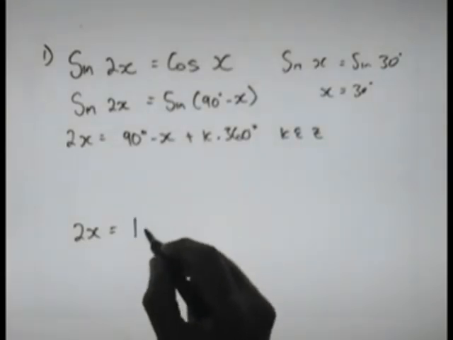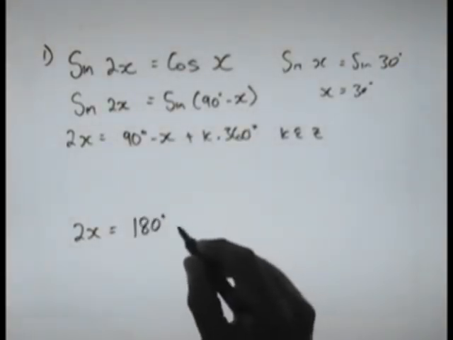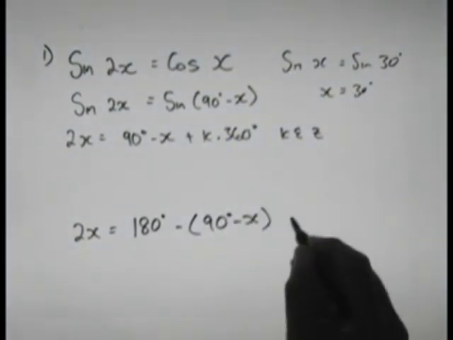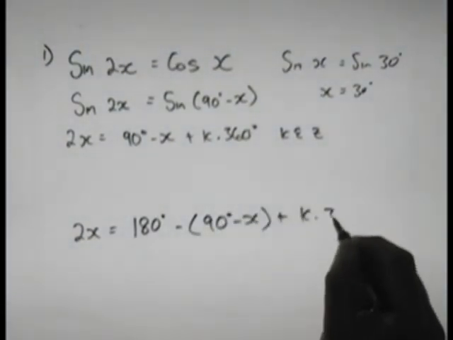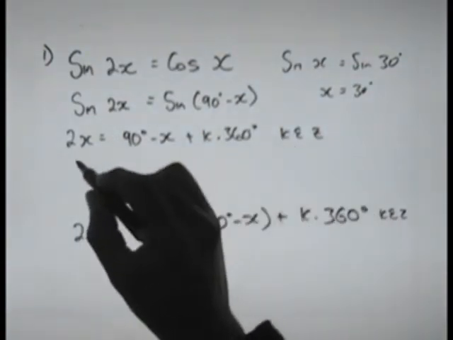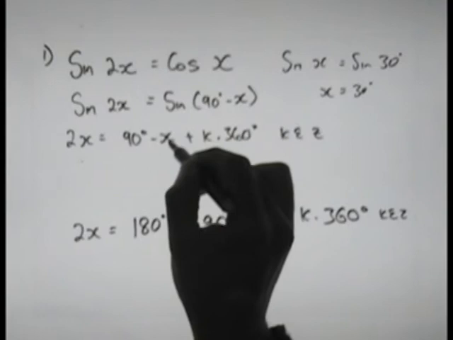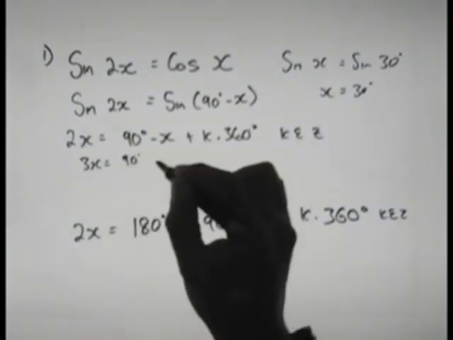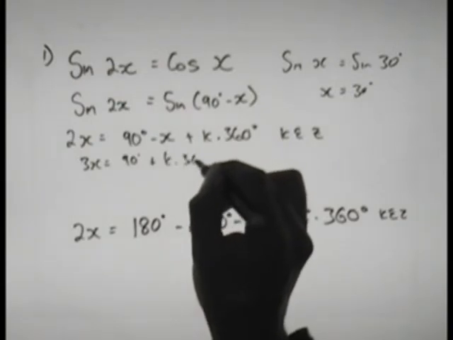The second quadrant, which would be 180 degrees minus 90 degrees minus x plus k times 360 degrees. Again, k is an element of integers. I can solve this. This means that 2x, take that x across, it's going to become 3x is equal to 90 degrees plus k times 360.